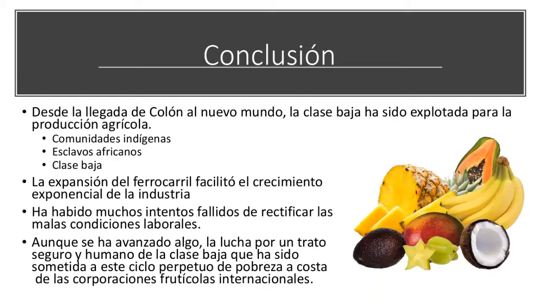And so to give a brief overview and conclusion, since the arrival of Columbus to the New World, the lower class has been exploited for agricultural production. So these populations that were exploited were the indigenous communities, the African slaves, and then of course the lower class. The expansion of the railroad facilitated the exponential growth of the industry.